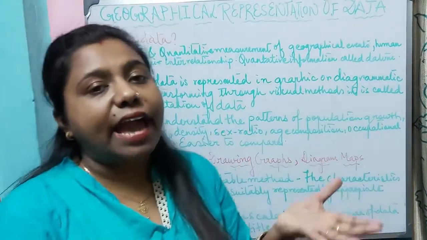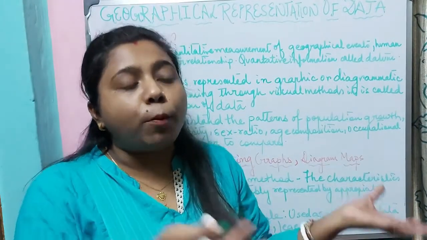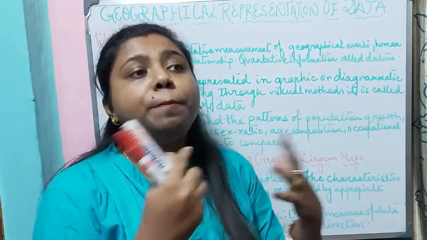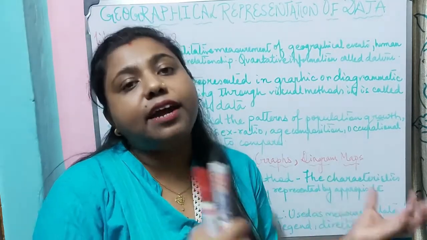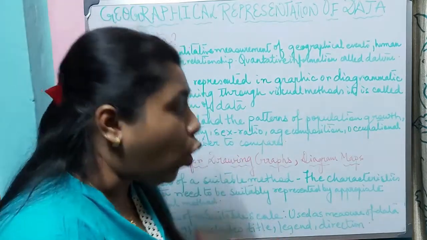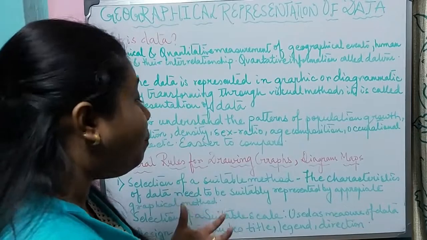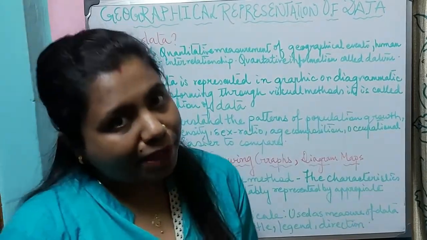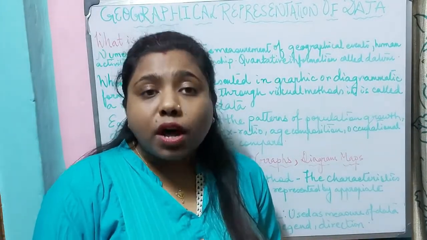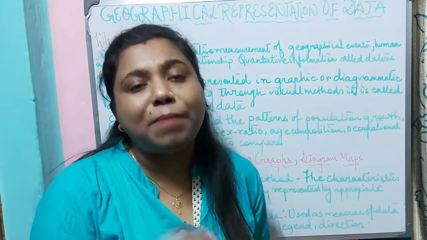If a suitable method is not selected, then the actual purpose of constructing the graph will not be fulfilled, and the characteristics of data cannot be suitably represented. So it is very important to first select a suitable method.